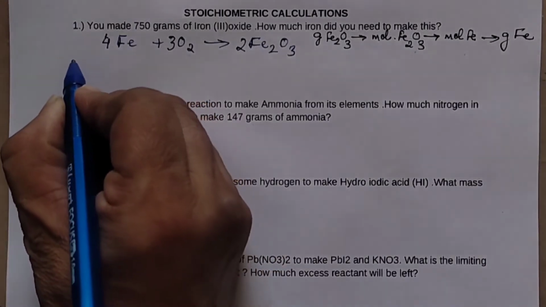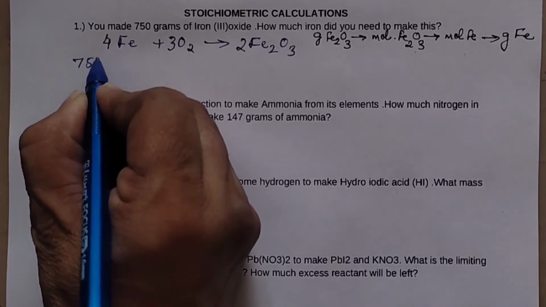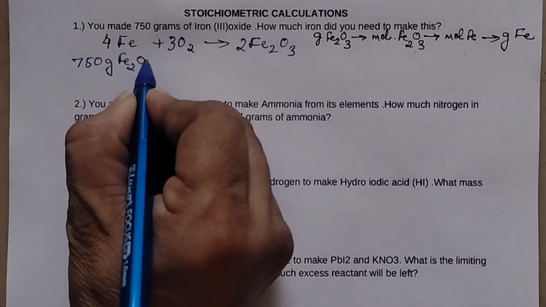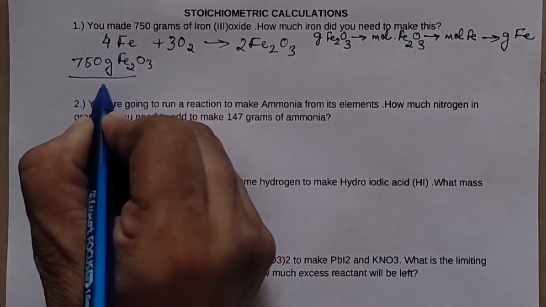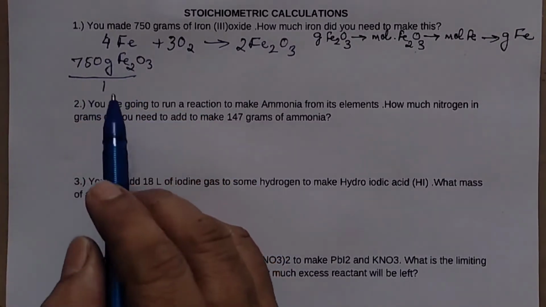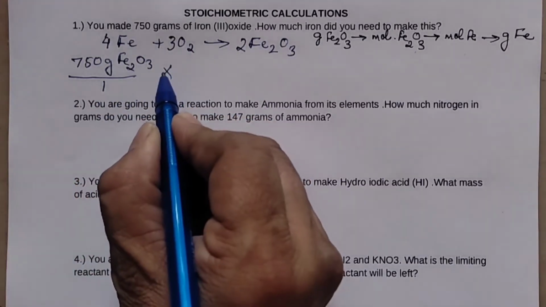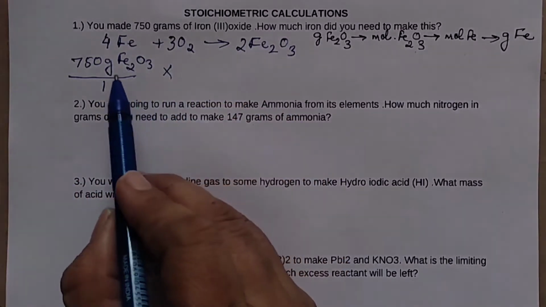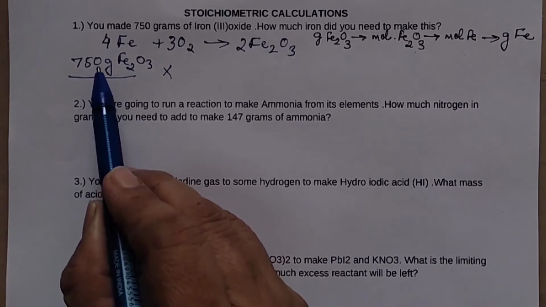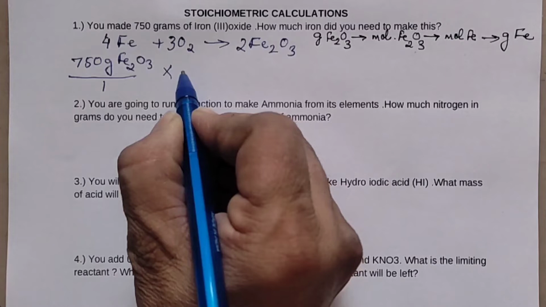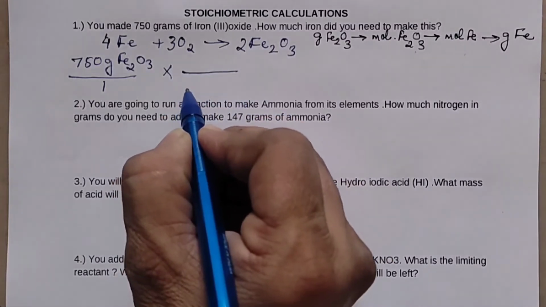Just see. So 750 grams they have given. So it is 750 grams of Fe2O3 divided by 1. This is always by 1. Now this is to be converted into mole. Normally, you just remember, how do you convert the mass to mole? Given weight by molar mass. Right? So what we can do is, molar mass of Fe2O3 has to be down.